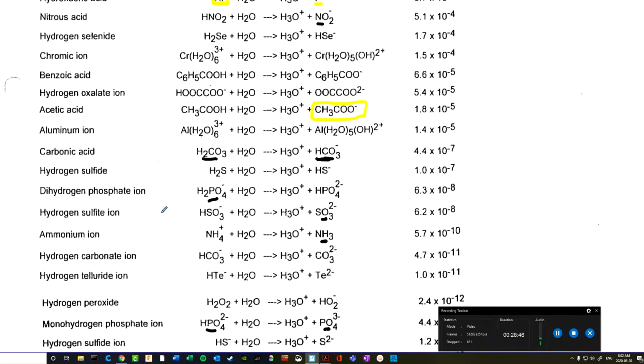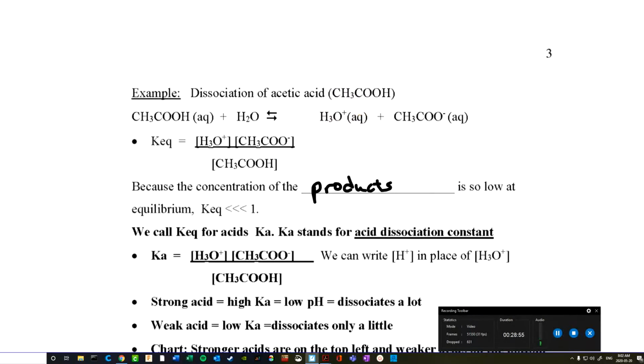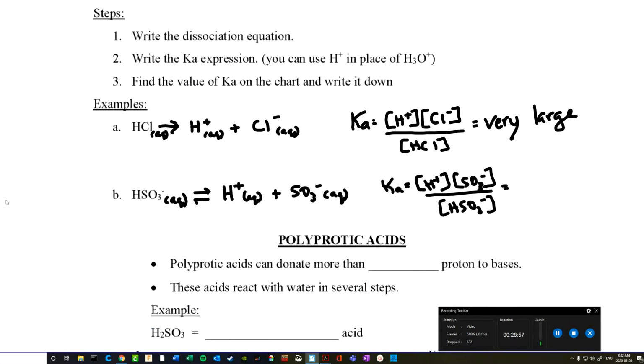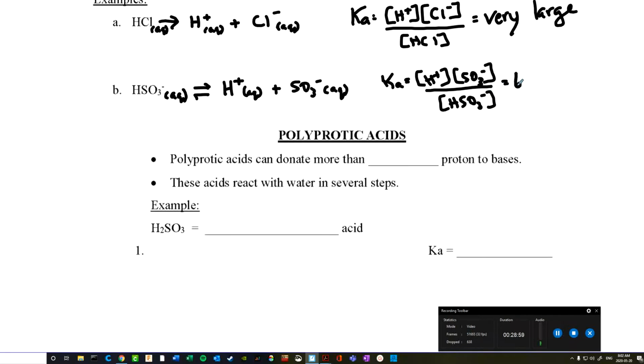Here it is. So we're just going to go across, and we can see the Ka value is 6.2 times 10 to the negative 8. There we go.